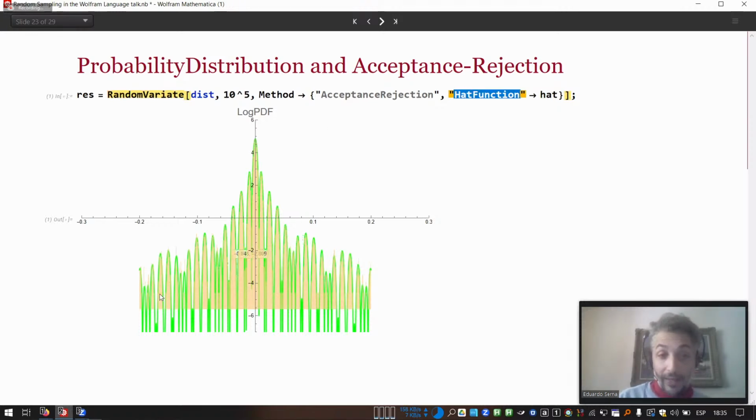But this is already pretty good. And I'm showing the log PDF to show more detail. Otherwise, it all gets squeezed near the origin a lot. So this works really nicely for this complicated distribution. It's actually pretty good.